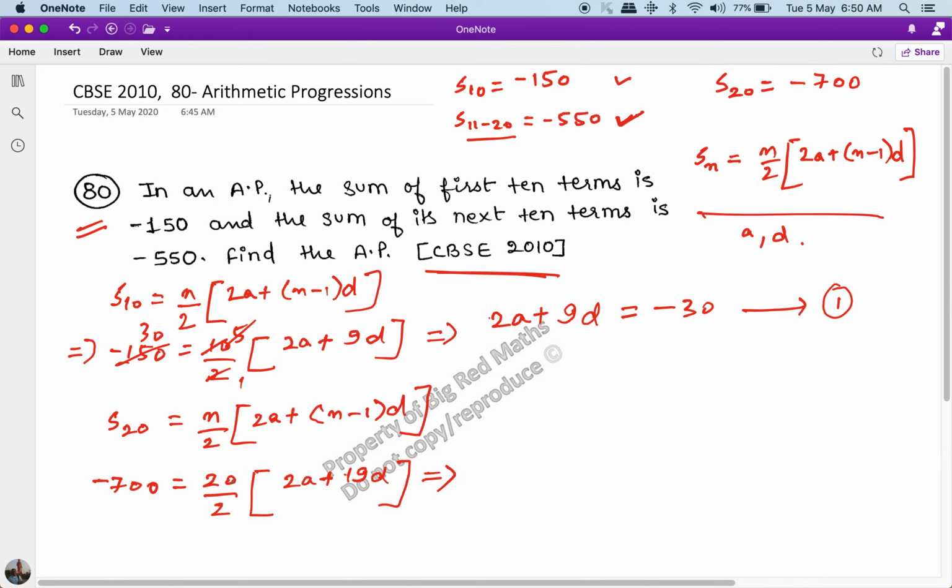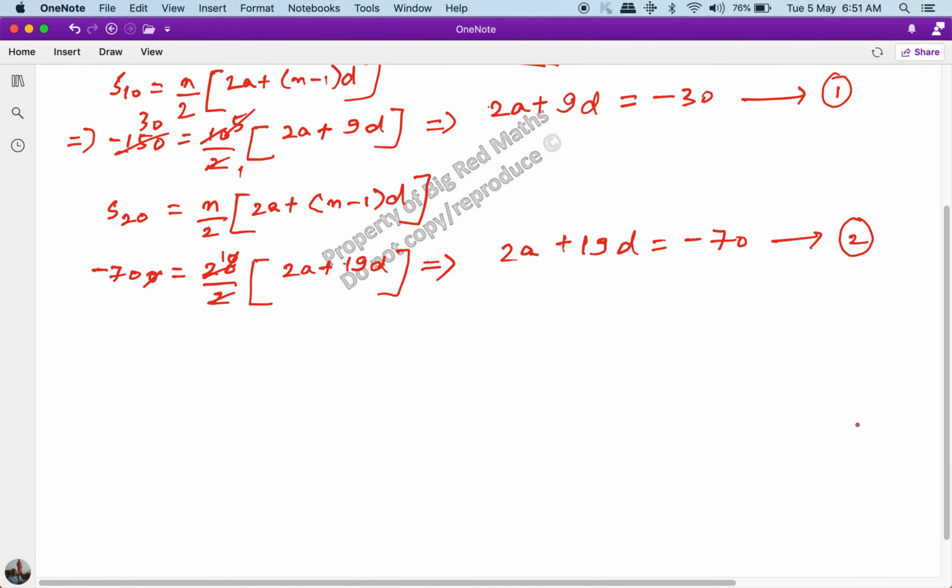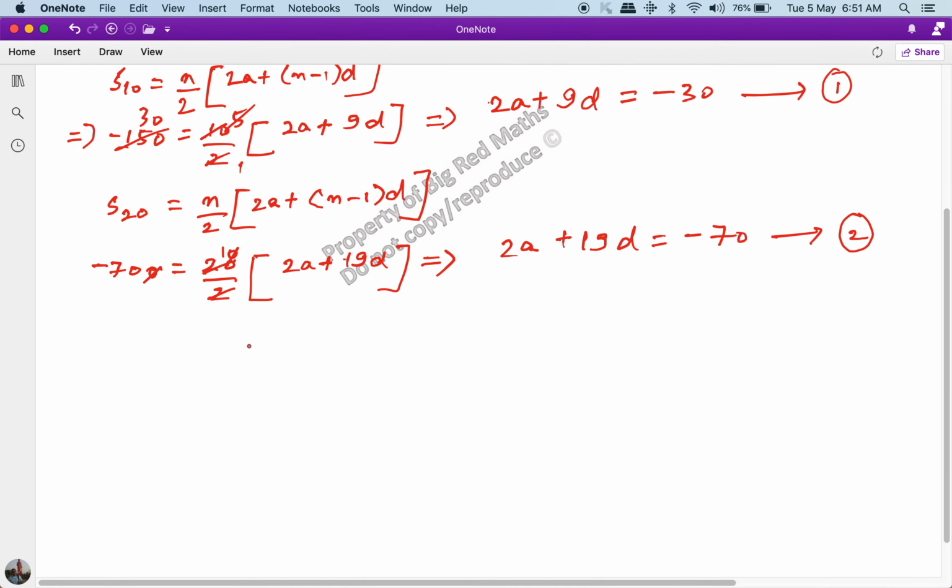This will become 2 tens are 20, and 1 ten will cancel this, so we have minus 70. So this gives you 2a plus 19d is equal to minus 70. This is equation 2.